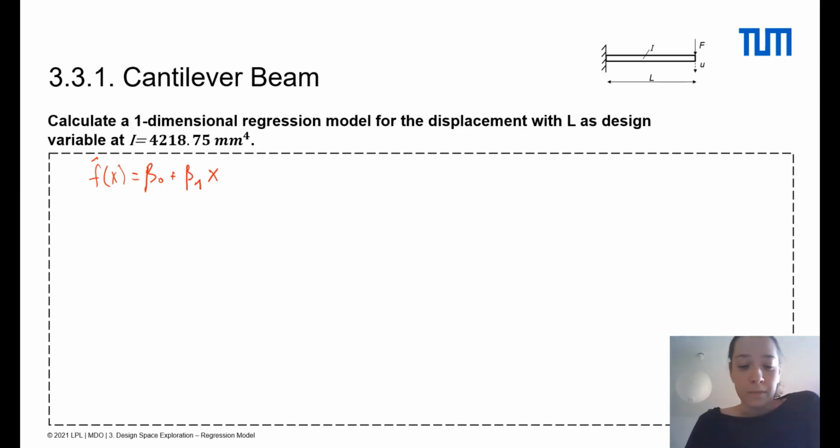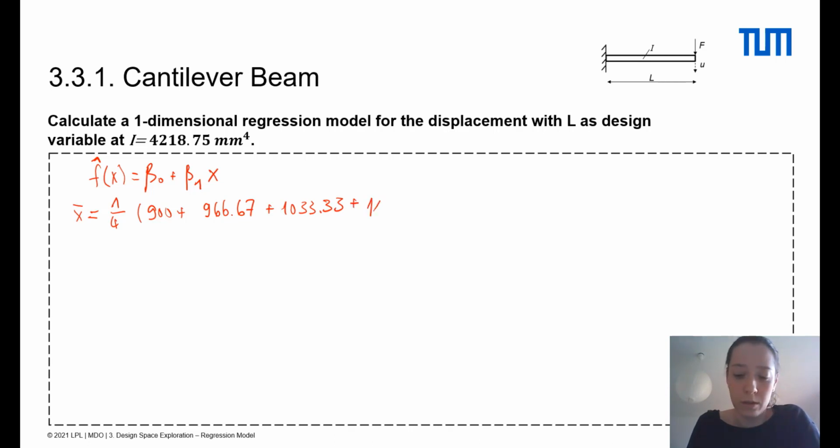And first we compute the means. So x mean, we take those values from the full factorial table 2 slides ago. 900 plus 66 plus 33, 1100, and that's 1000. So basically in between, it's the middle of those 4 values.